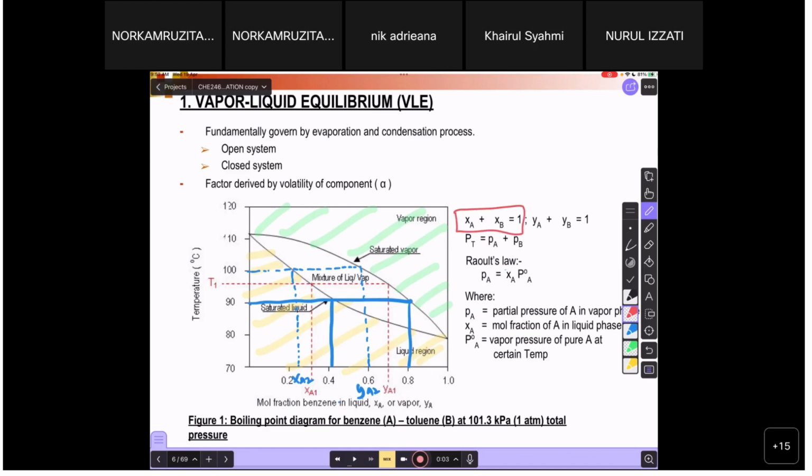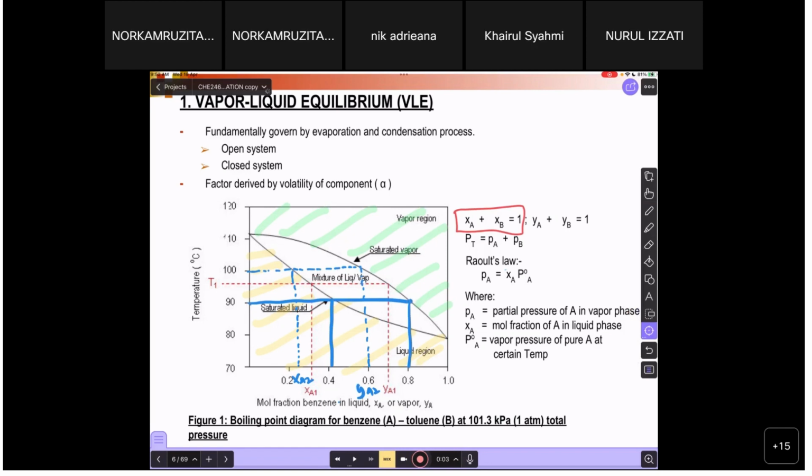Every temperature that you have will give you a pair of equilibrium data. Each temperature gives you one value of X and one value of Y, so you have a pair of equilibrium data for each temperature.